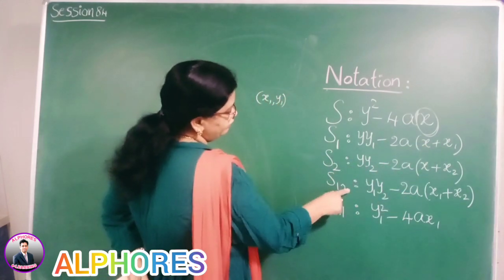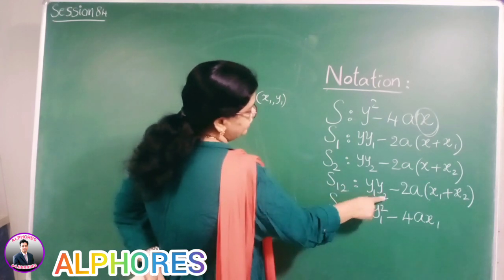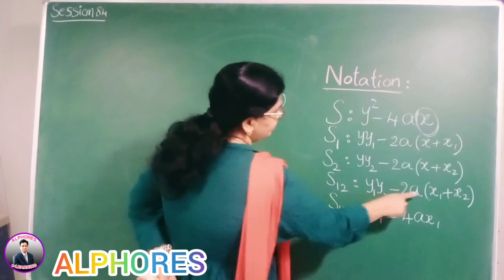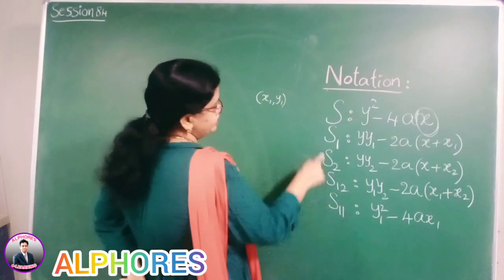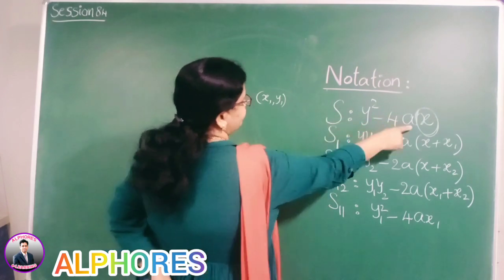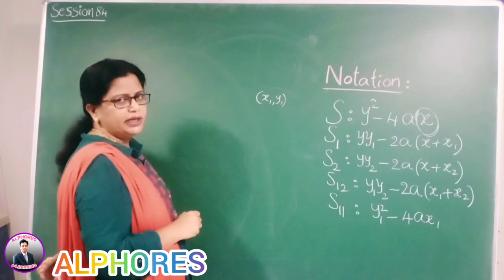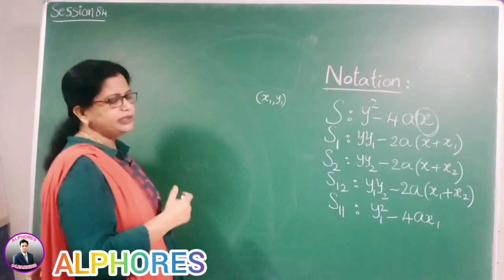Here instead of 1 2, we'll write 1 1. So wherever 2 is there, replace 2 by 1. So that is nothing but the same given standard equation, directly you are substituting here y1 squared minus 4x1, that is S11. Of course, you have seen all these already in the previous chapter, circles.